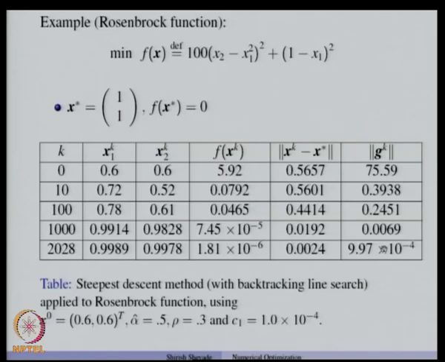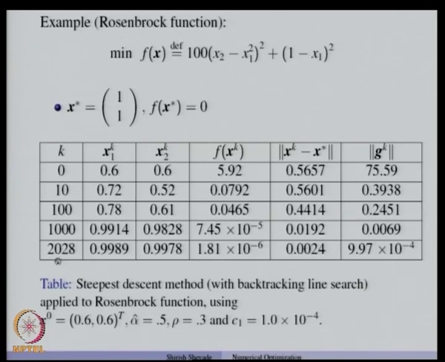So, I have shown here some iterations. So, you will see that from the initial point to the 10th iteration, there is quite a bit of reduction in the norm of the gradient from 75 to 0.39, and then from 10 to 100 iteration there is a gradual decrease in the norm. Again from 100 to 1000 there is a gradual decrease.